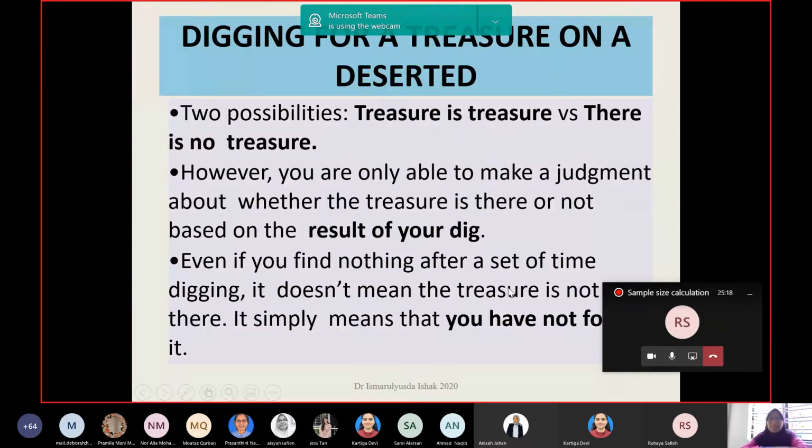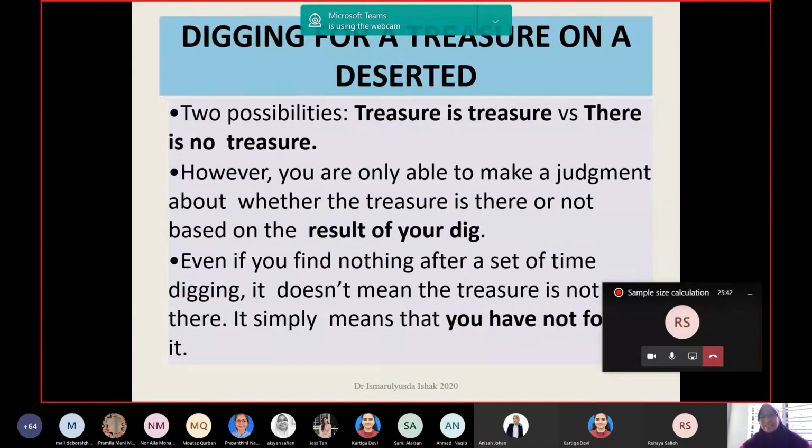Alright. The analogy of sample size calculation is like when you want to dig for a treasure in a desert. There are two possibilities. One, there is a treasure, versus there is no treasure at all.